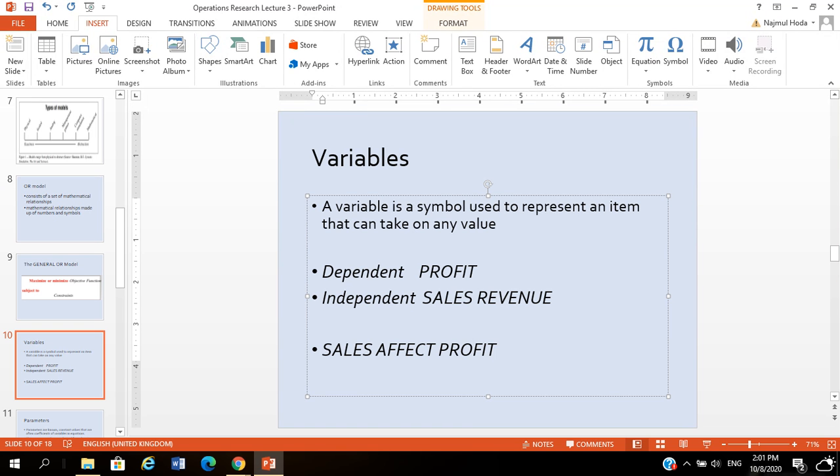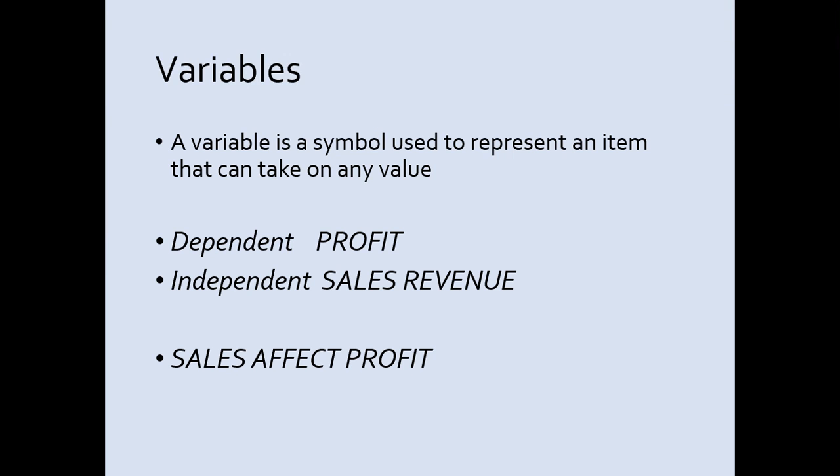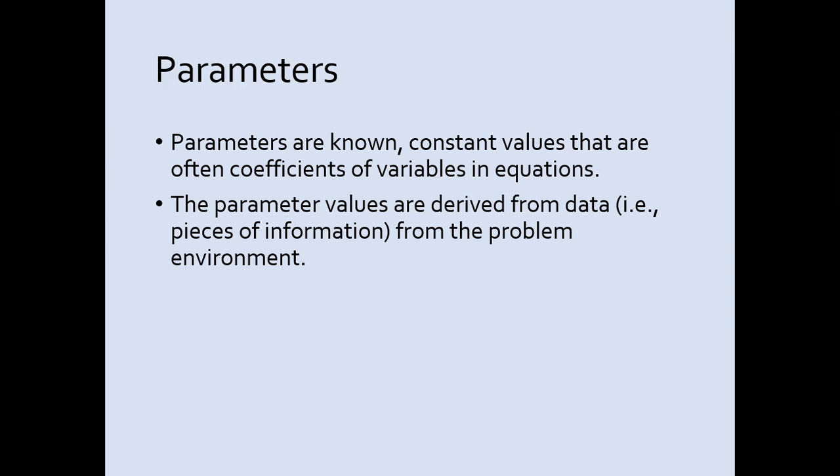This is a very important concept you have to understand. Both change, so both are called variables, but one is dependent upon the other. Profit will increase only if the sales increase. So, profit is a dependent variable and sales revenue is an independent variable. We use X, Y, Z, A, B, C to denote them in the equation.